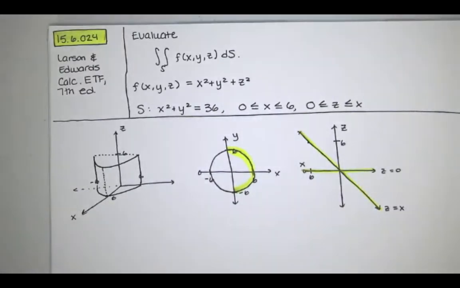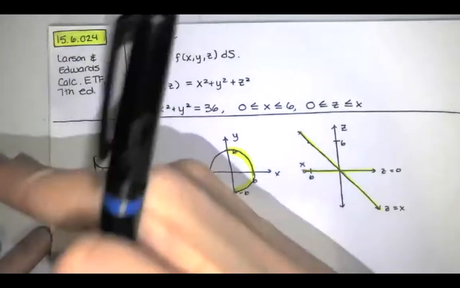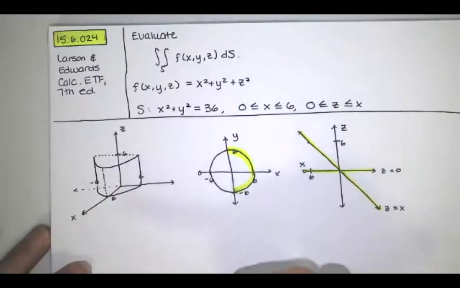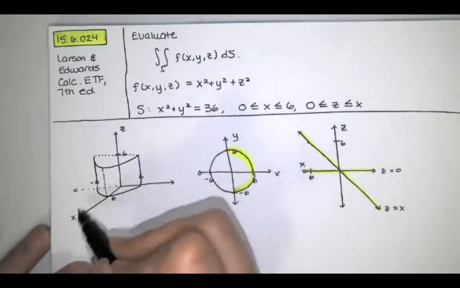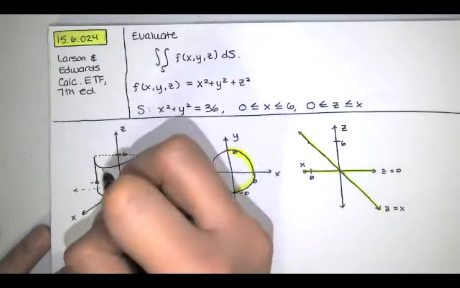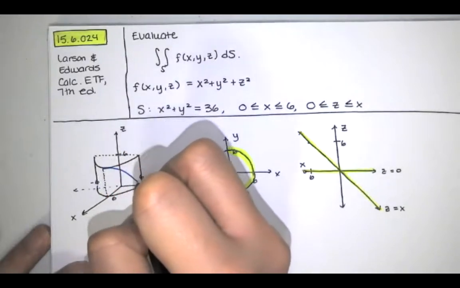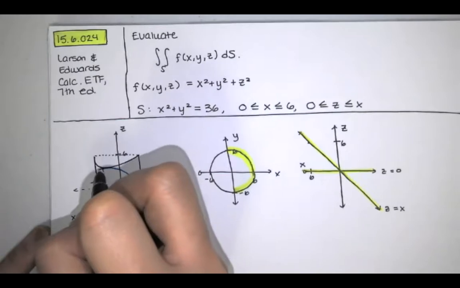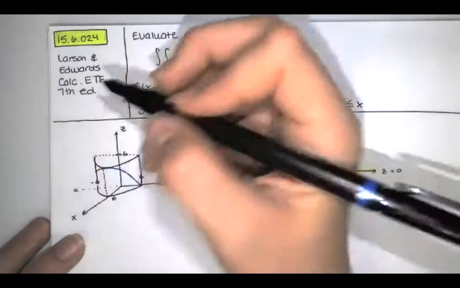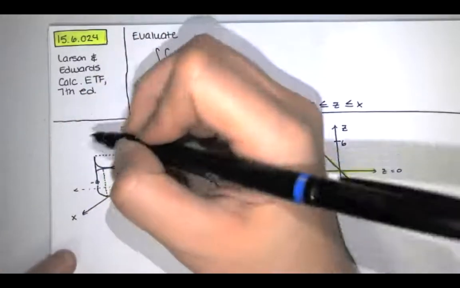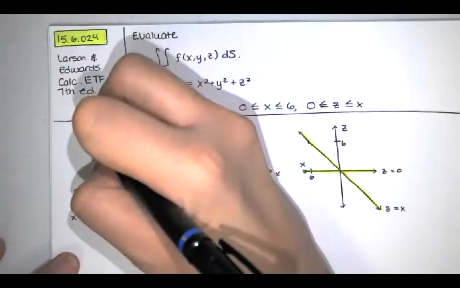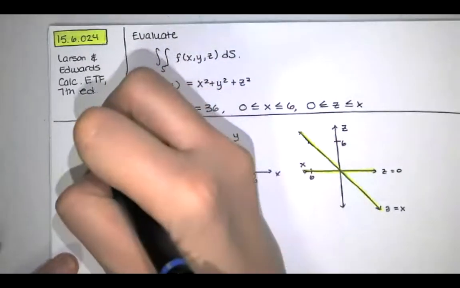That's hard to visualize over here, but roughly what it's going to look like is this. If I intersect a plane at a 45-degree angle so that I have z equals x right here, and it intersects the cylinder, it's going to kind of look like this. That's what we would see. So you have to imagine a plane intersecting this. And it's really hard to visualize this plane.